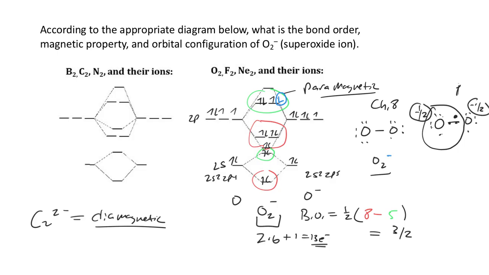In chapter 4, remember we were looking at oxidation numbers. We would assign the oxidation number of each O to be minus a half, and O2 minus, the minus charge spread across the two O's. Here the actual formal charge in the two O's in this structure would be minus a half, because you're taking half of that one electron in between.